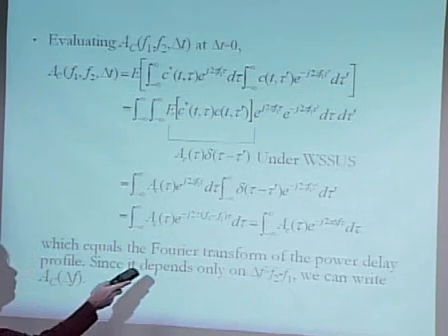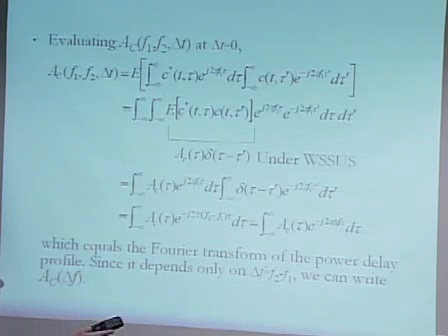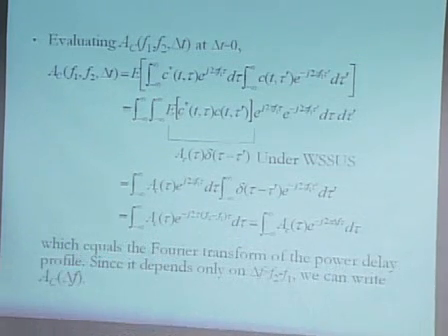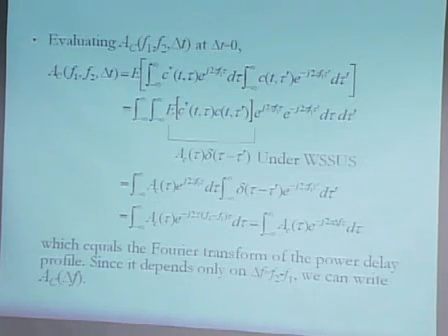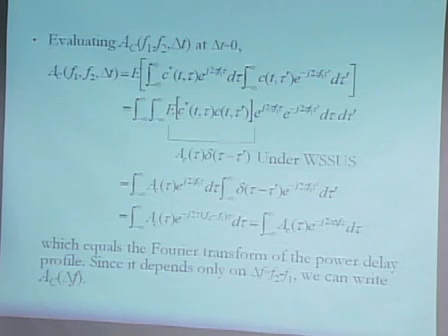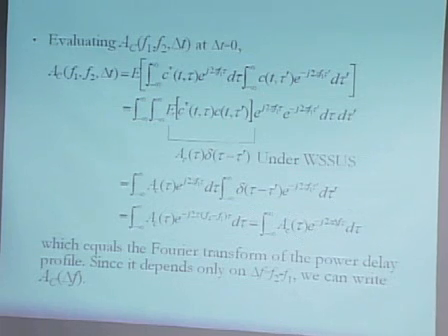Now all we do is define f2 minus f1 to be delta f, which is the frequency difference. So we find that the autocorrelation of the frequency response at two frequencies f1 and f2 is equal to this integration, which is just the Fourier transformation of the autocorrelation of little c.